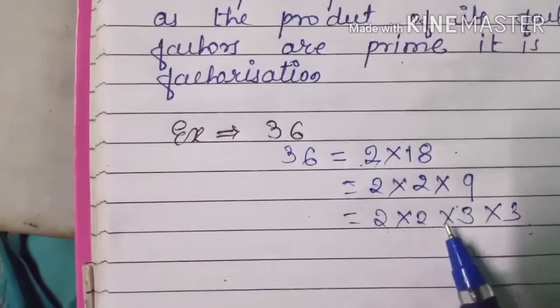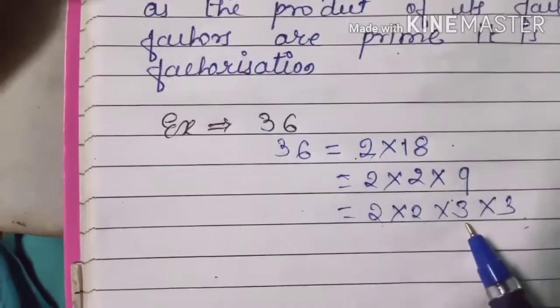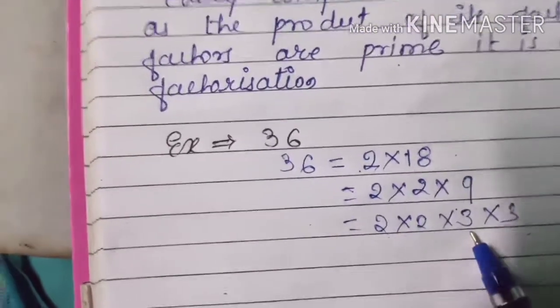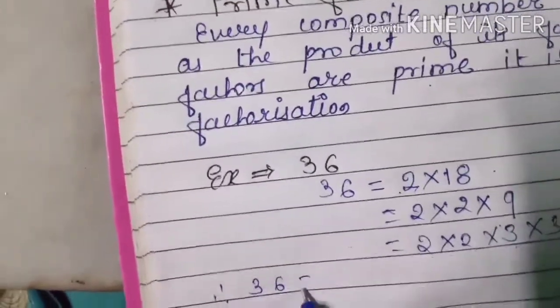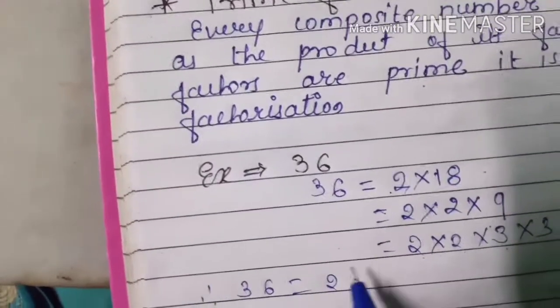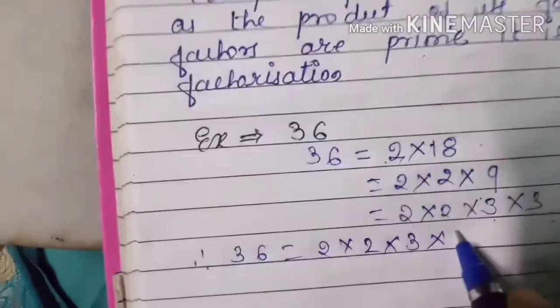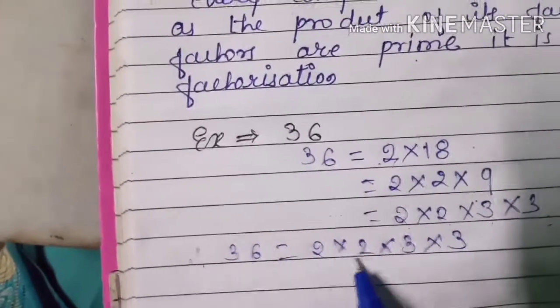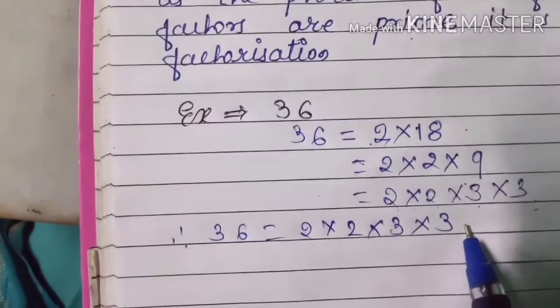They don't have more than two factors. That is, 2 has factors 1 and 2, and 3 has factors 1 and 3. So we can write this 36 as 2 into 2 into 3 into 3. That is, 2 2s are 4, 4 3s are 12, 12 3s are 36.